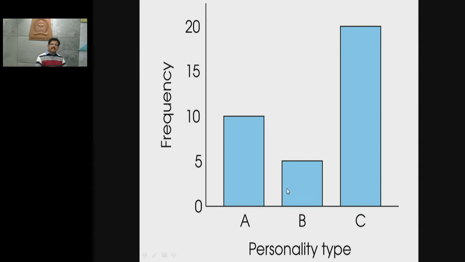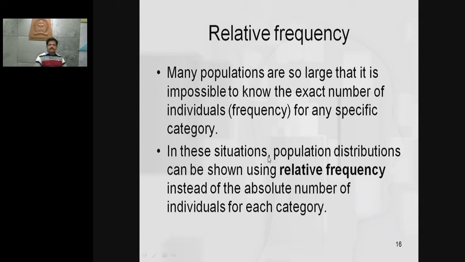So if you look at the chart, we see the rectangles on the x-axis are erected and there are spaces, gaps between rectangles. We can calculate relative frequency. Many populations are so large that it is impossible to know the exact number of individuals for any specific category.